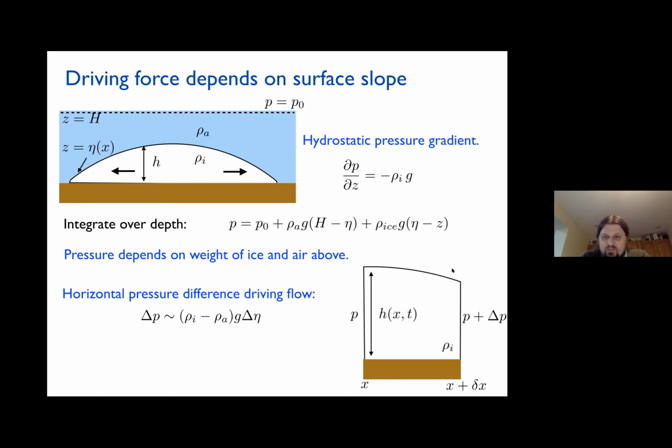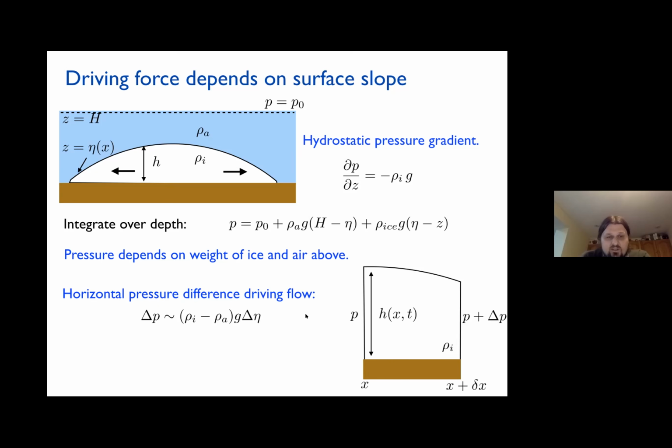So that has a different density, and so gives rise to a difference in the hydrostatic pressure. So you get this difference in the hydrostatic pressure that depends on the density difference between the ice and the air. It depends on gravity, and it also depends on what I'm calling delta eta, the change in the free surface height, the top of the ice sheet.